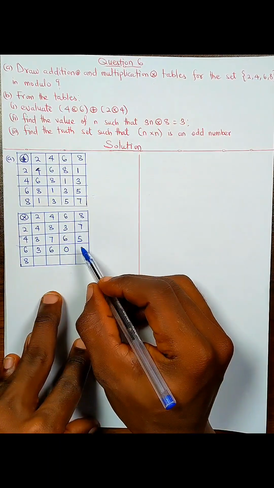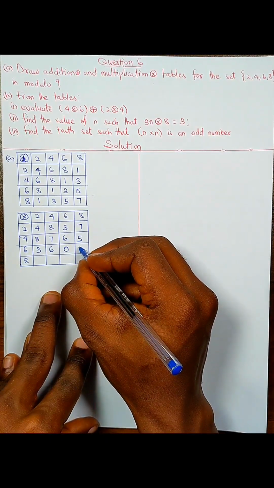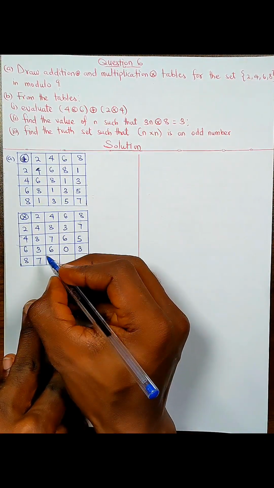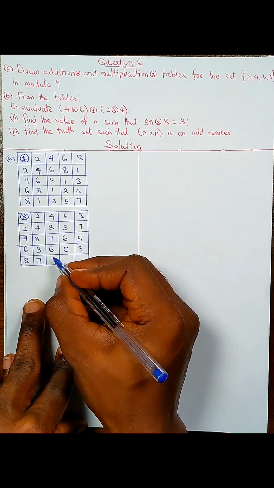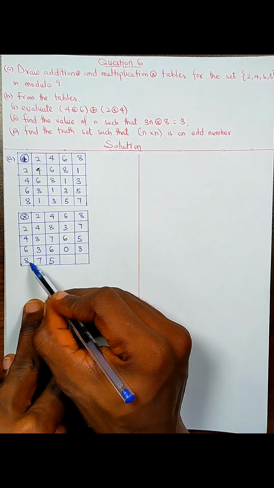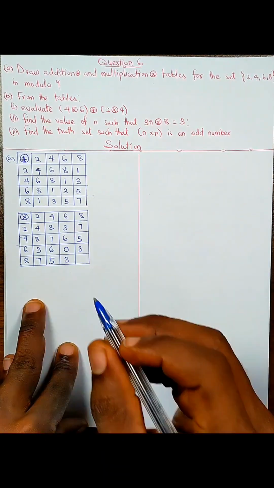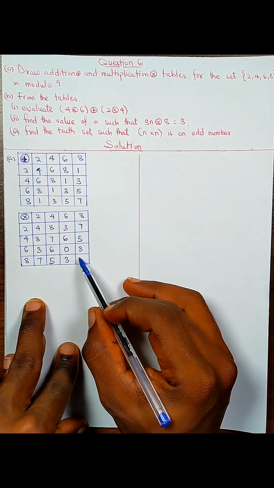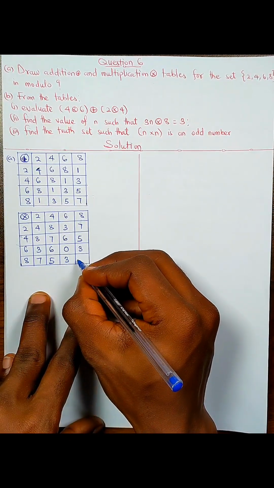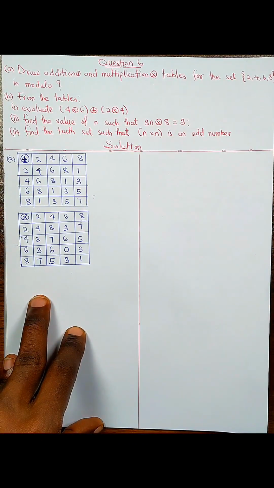Good. 6 times 8 is 48, and 9 times 5 is 45, so the remainder is 3. 8 times 2 is 16, so we get 7. 8 times 4 is the same as 4 times 8, so you can realize you are getting repeating values. 8 times 6 is 48, the same as 6 times 8, so we get 3 again. 8 times 8 is 64, and 9 times 7 gives us 63, so the remainder is 1. So this is the multiplication table.